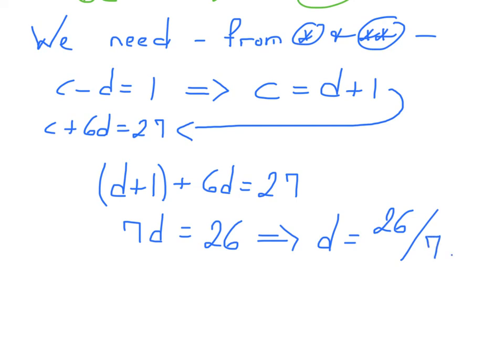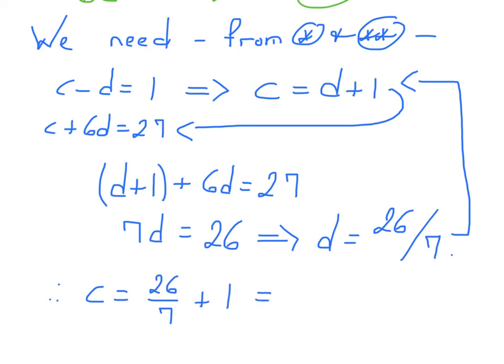Now, what are we going to do? Well, d is 26 over 7. To find c, we just substitute back into this formula here. C is therefore equal to d plus 1, which is 26 sevenths plus 1, which is equal to 26 plus 7, which is 33 over 7.